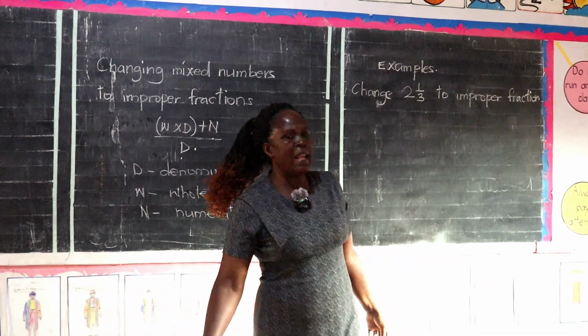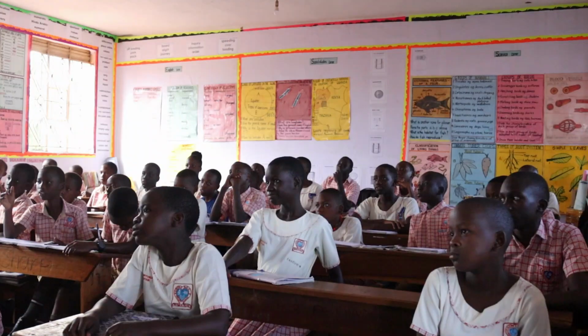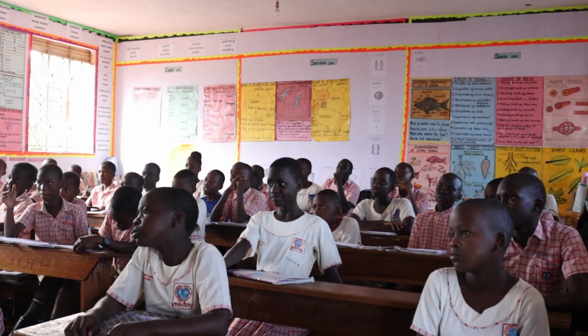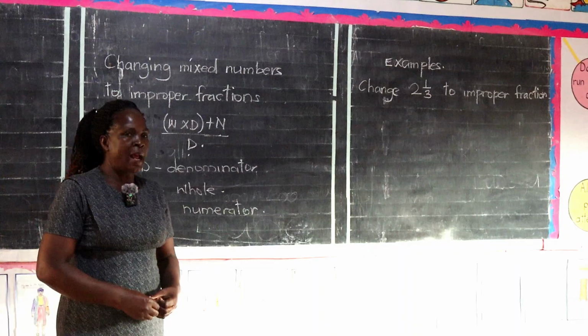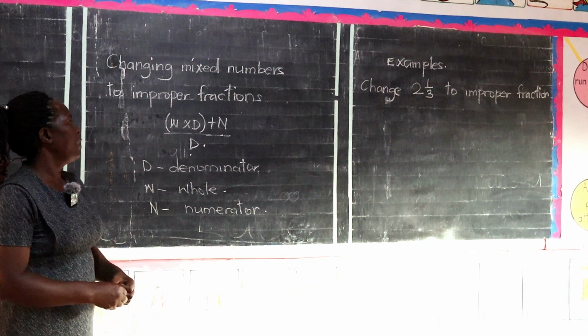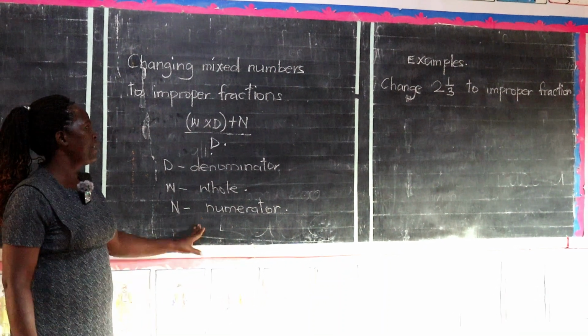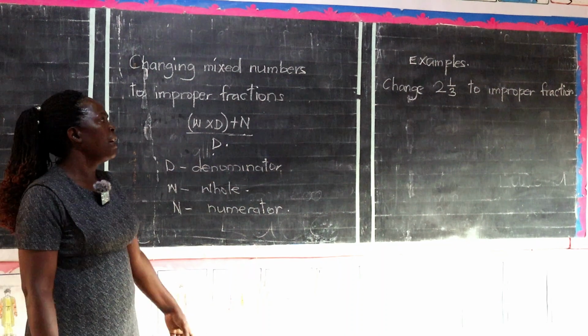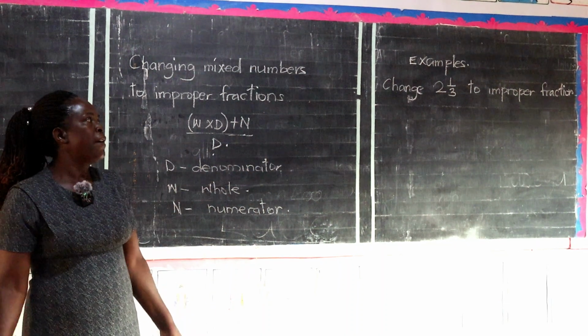As we have seen the formula, which says W times D into bracket plus N, the whole thing out of D, we use it to change that number to improper fraction.